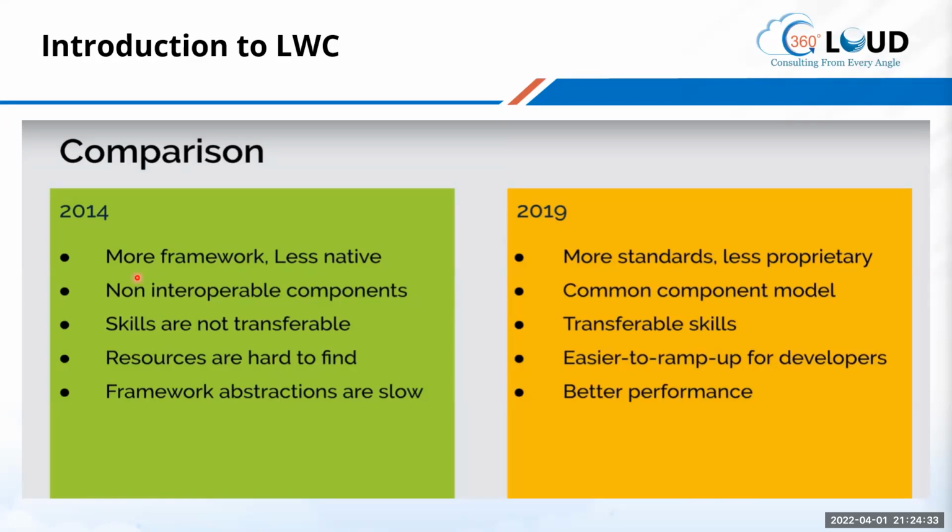If you are working on React JS or Node.js, then there is a different thick layer of framework, but you have to learn the Aura component again. But here there is a common component model. It means common HTML, CSS, and JavaScript knowledge is enough to adapt to LWC development. So it is also a transferable skill.